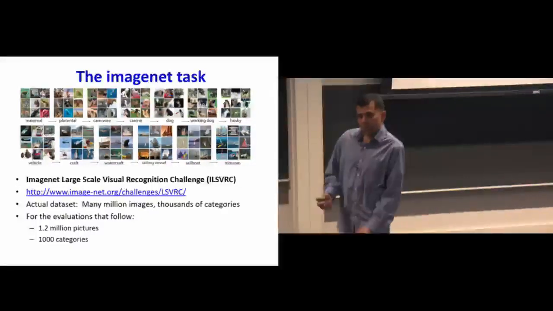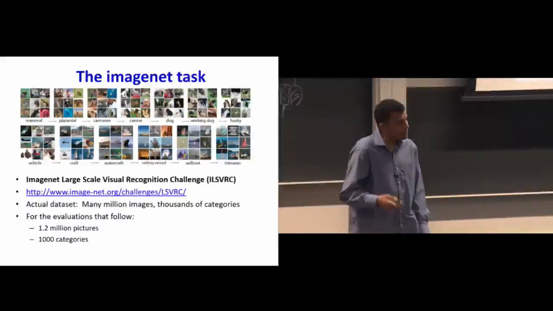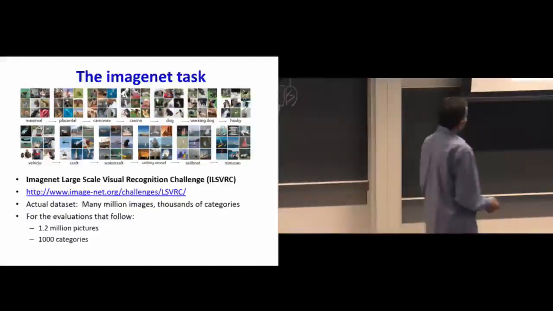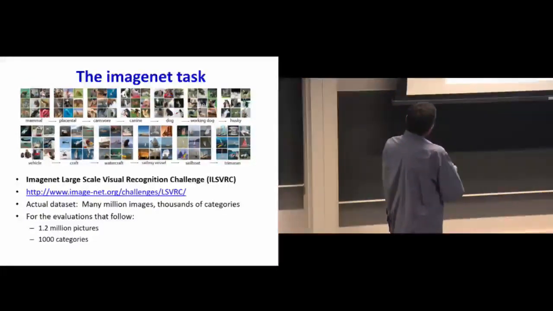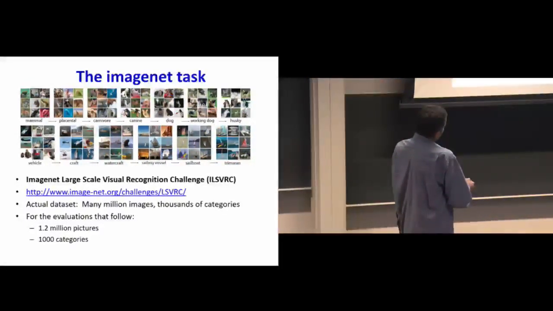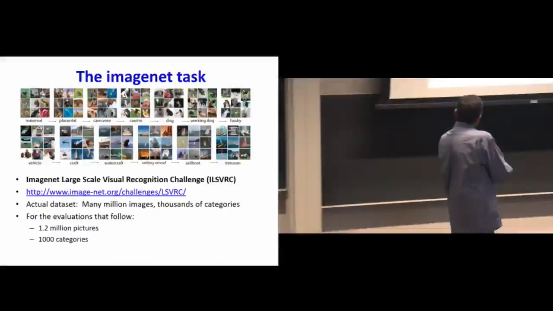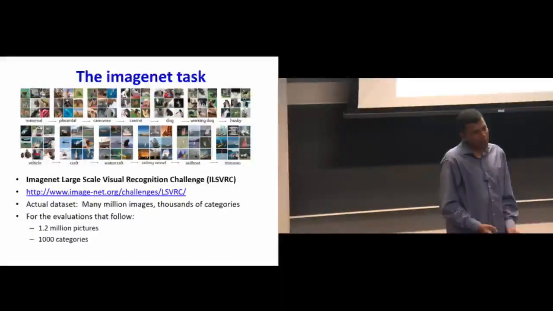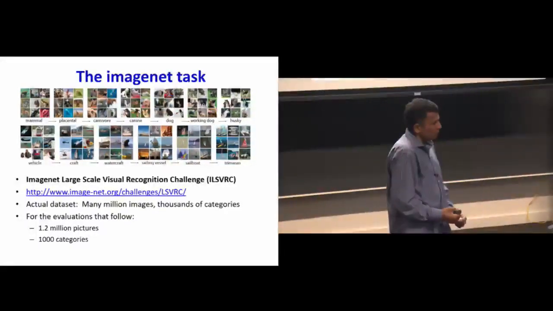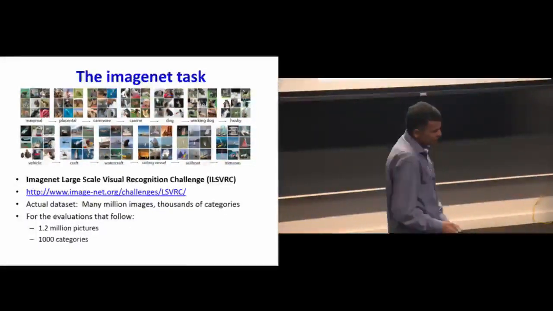The task is to classify these images into categories like a mammal, a placental mammal, a carnivore, a sailing vessel, a sailboat, and so on. And they set up an official evaluation where they chose 1,000 categories of images.